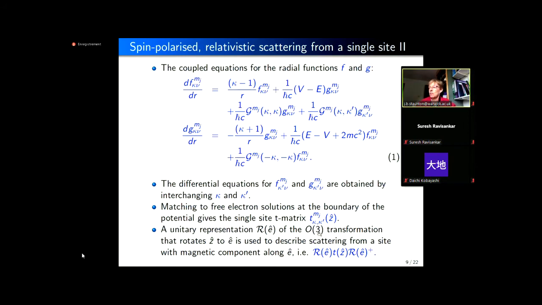So one basically just takes the output of some routine that's generating these single site T matrices, and then rotates it for whatever direction you want to specify that the spin or the magnetization of a scattering site is at any point in your material. So that's the guts of it.